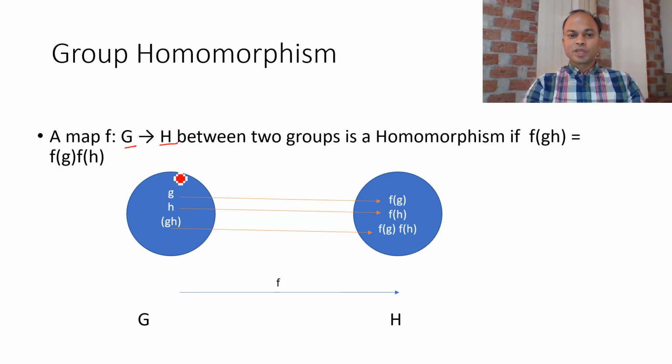Say we are taking two elements of group G, elements g and h, and we have function f. f(g) and f(h) are elements of group H. I mean function f is mapping one element of group G into one element of group H. Similarly, another element of group G is mapped to another element of group H. So we have similarity based on this function, and further g, h are mapped to f(g) and f(h).